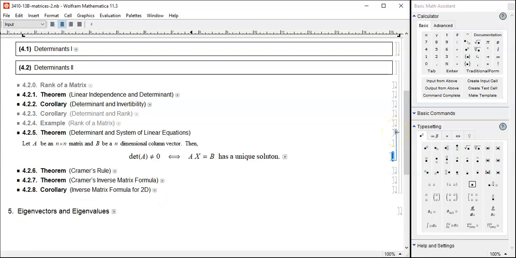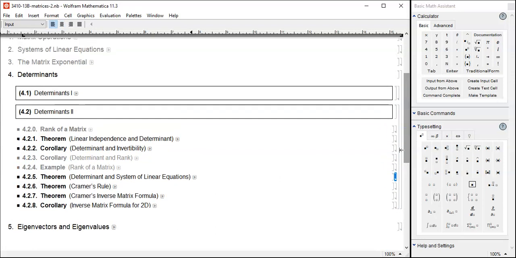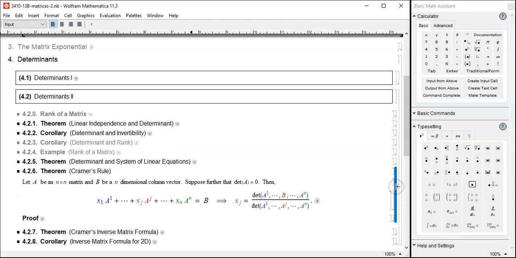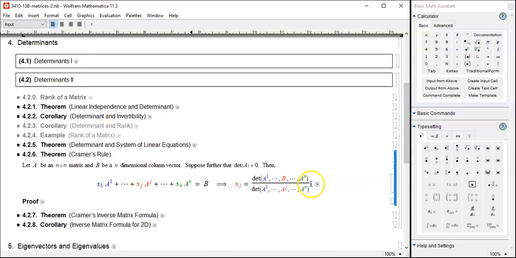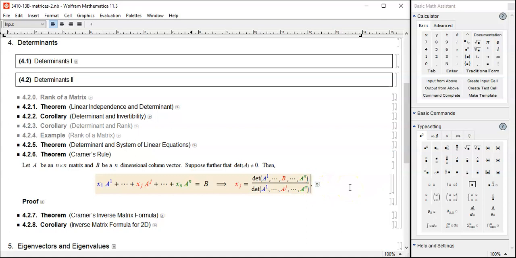Now, why did we discuss all those linear equations? Because we needed Cramer's rule. You can use the theory of determinants to find an explicit formula for the solutions of any system of linear equations.